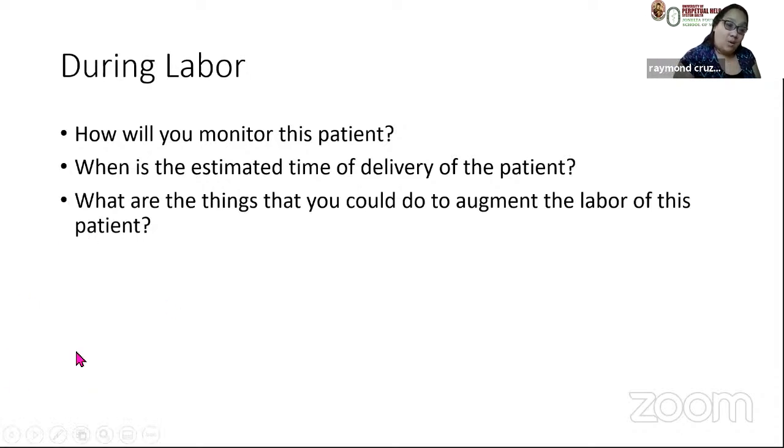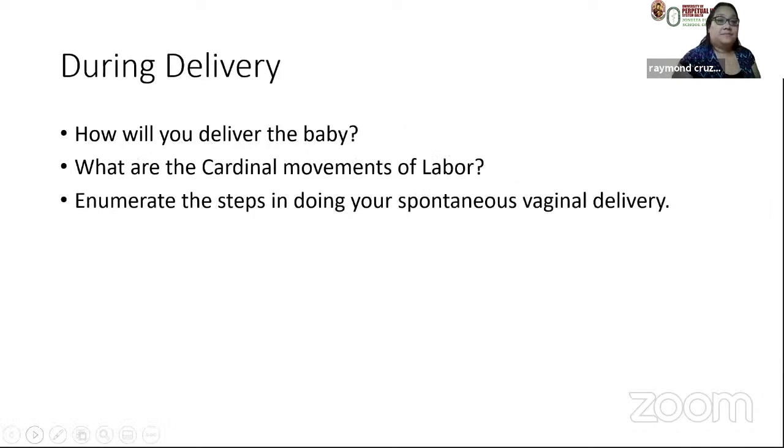So it's oxytocin. Okay, how would you deliver the baby? If it's within 18 hours, you have your vaginal delivery.